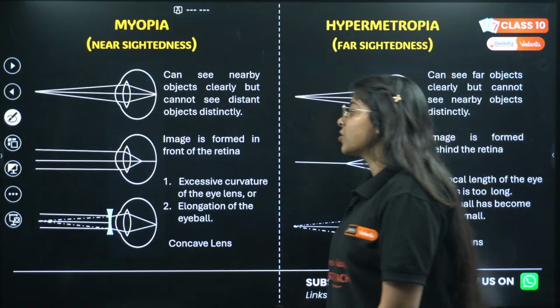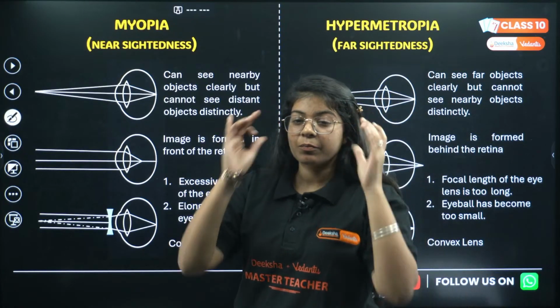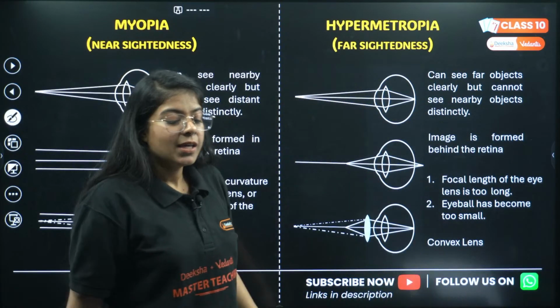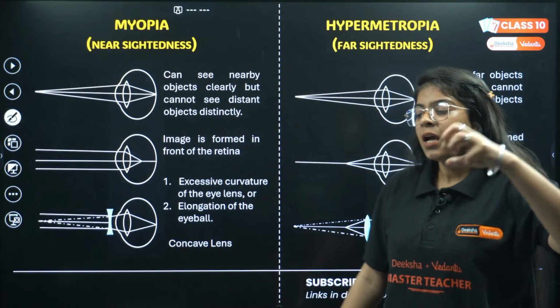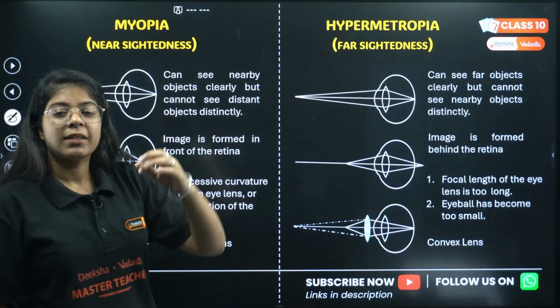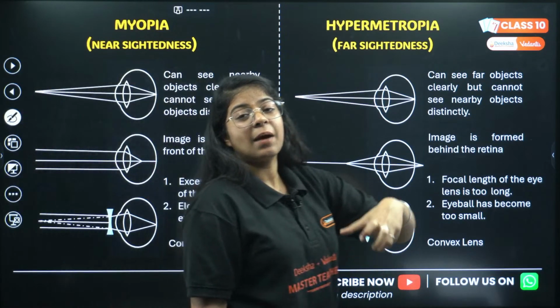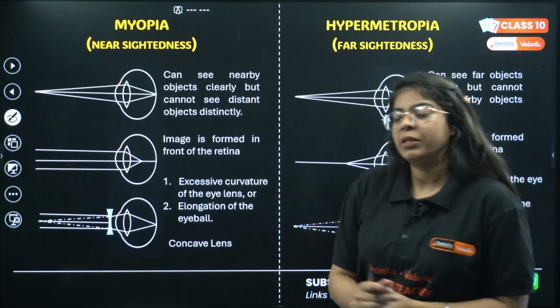Next, some people like me, because I'm wearing a chashma, cannot see objects clearly, majorly when we are younger. The defect that happens is myopia. Now we'll study what myopia and hypermetropia are.